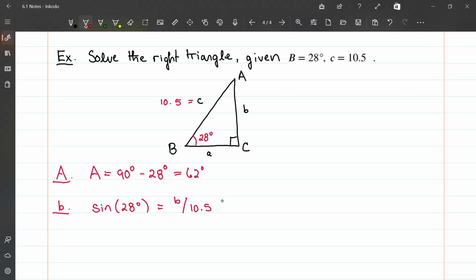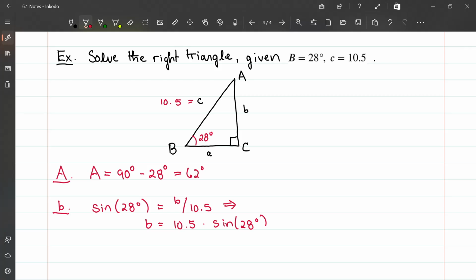I could rewrite this by multiplying both the left and the right-hand sides by 10.5. So if I do that, I will have little b is equal to 10.5 times the sine of 28 degrees.